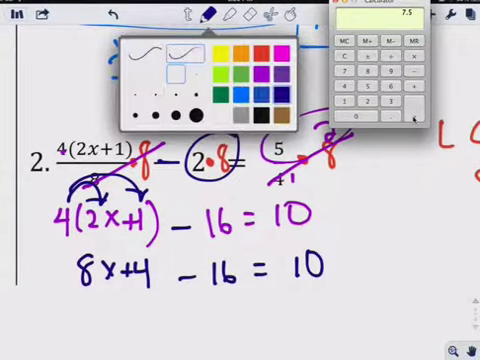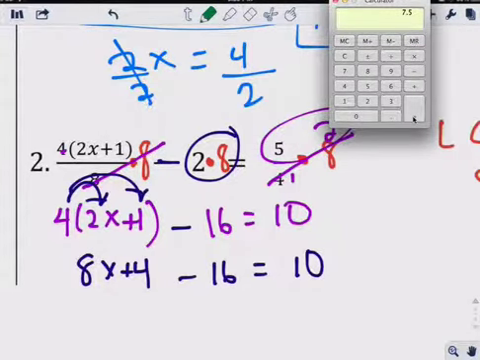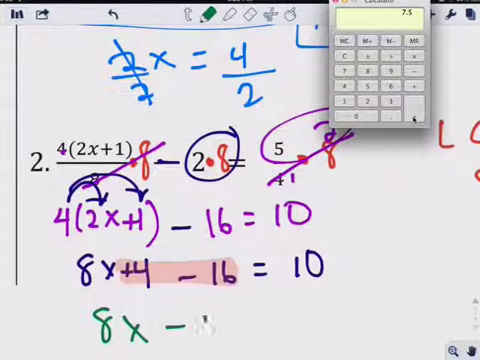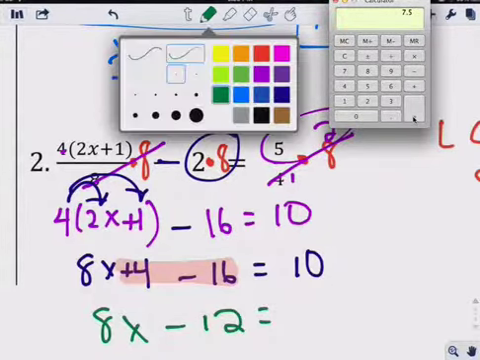Okay. 4 minus 16 is negative 12. Negative 12 equals the 10 that's there.